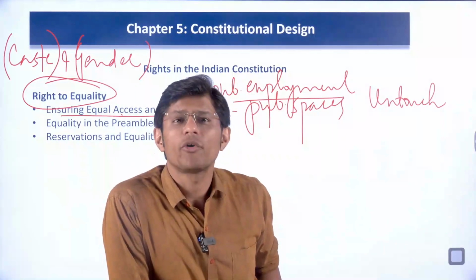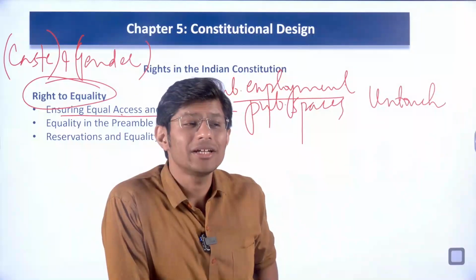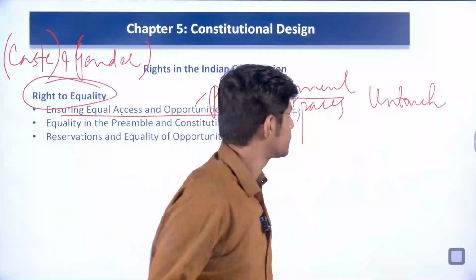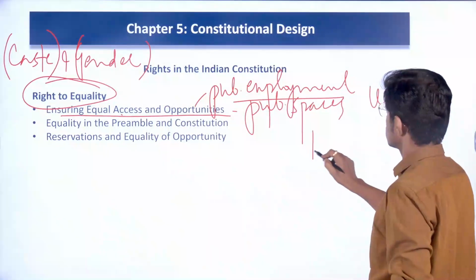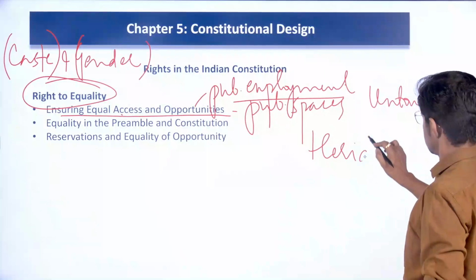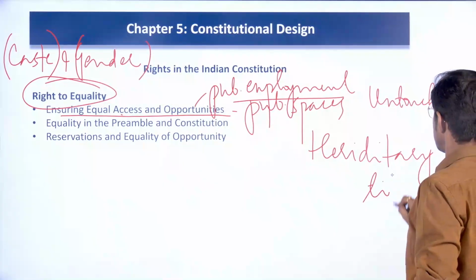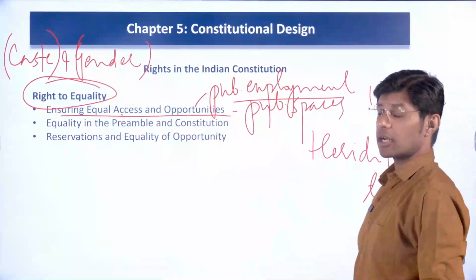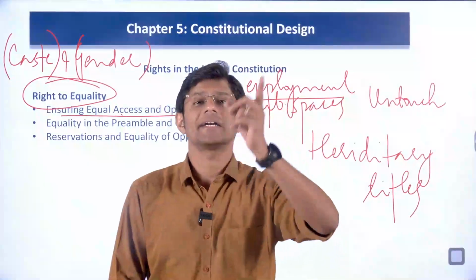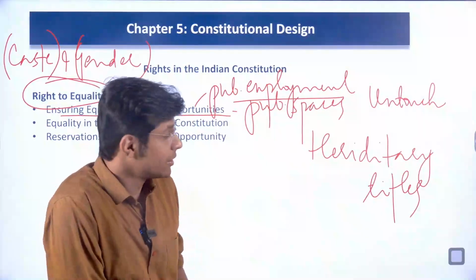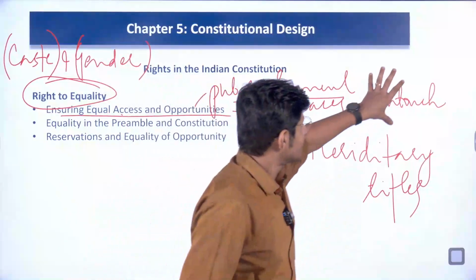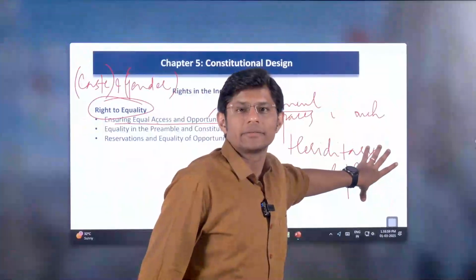Also, the right to equality prevents the state from giving hereditary titles, like for example, Maharaja, Raja, under Article 18. So, Article 17, Article 18.